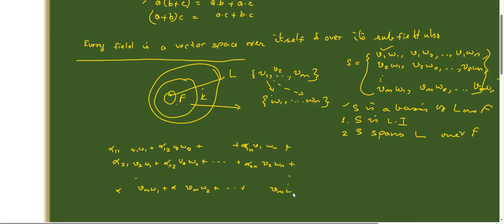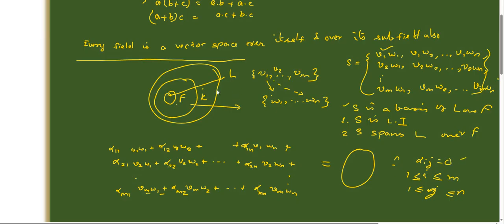Finally alpha m1 VmW1 plus alpha m2 VmW2 plus, and so on, alpha mn VmWn. This linear combination of the elements in S should be equated to 0, and what we need to show is that alpha ij should be 0 for all i from 1 to m, and j from 1 to n.